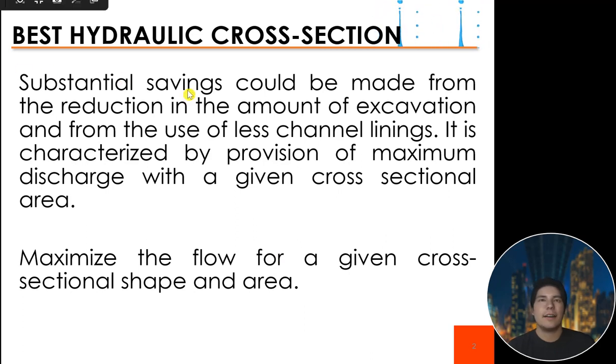So substantial savings could be made from the reduction in the amount of excavation and from the use of less channel lining. It is characterized by provision of maximum discharge with a given cross-sectional area. So maximize the flow for a given cross-sectional shape and area.